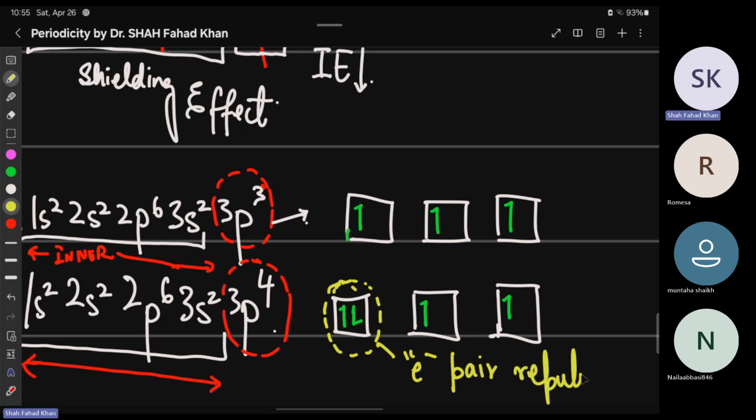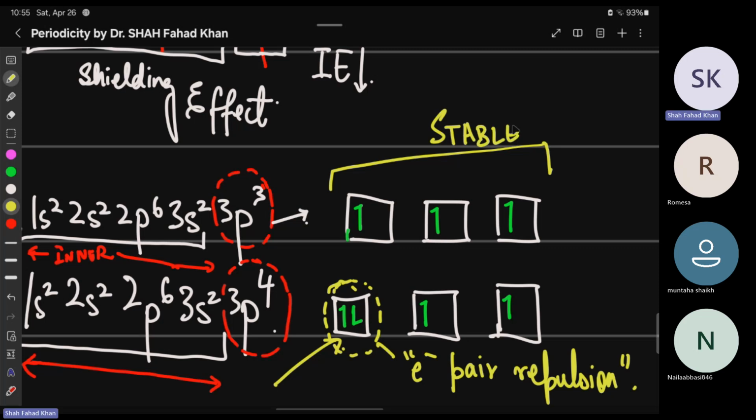It's because of this repulsion that lesser energy is needed to knock out this electron, okay? Because electron pair repulsion is present in paired orbitals, and there are no paired orbitals over here. In fact, if the orbitals are half filled, they're highly stable, and stable electrons are very difficult to remove.